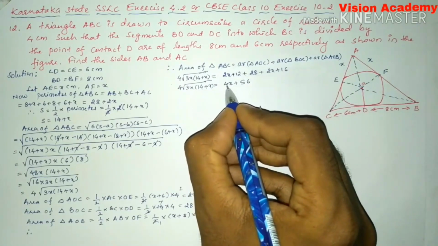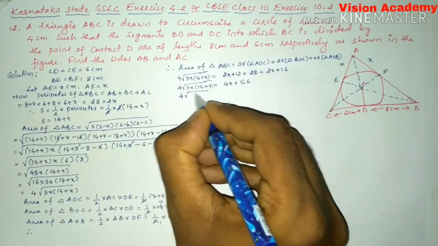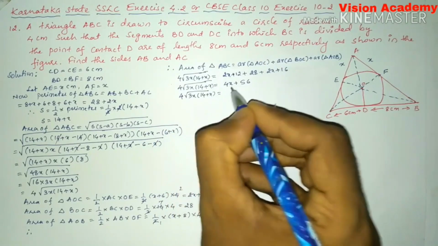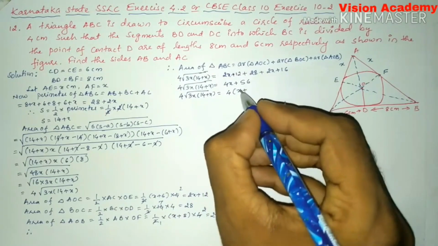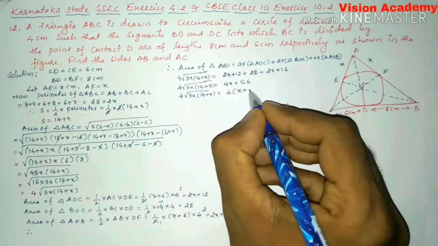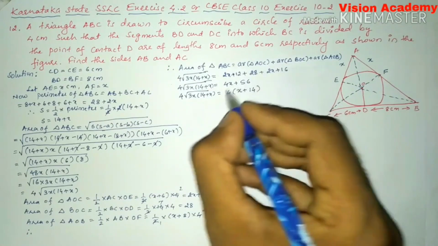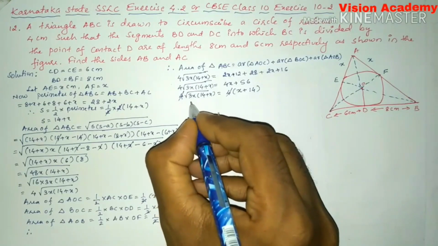Now we'll take 4 common out from this, that is 4 square root of 3x into 14 plus x is equal to, 4 is common and inside of the bracket we remain with x plus 14, 4 14s are 56. So here this 4 and this 4 will get cancelled.